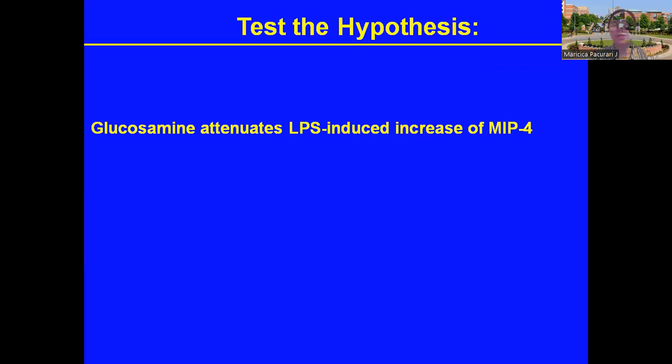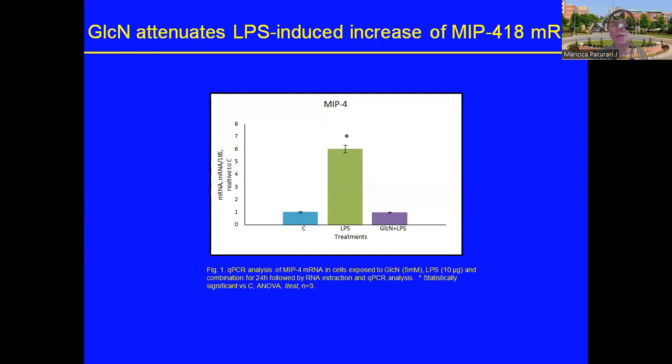The hypothesis for this study was that glucosamine attenuates the LPS-induced increase in MIP4. And here we have the results. LPS at 10 micrograms significantly increased MIP4, whereas treatment with glucosamine reduced the increase.